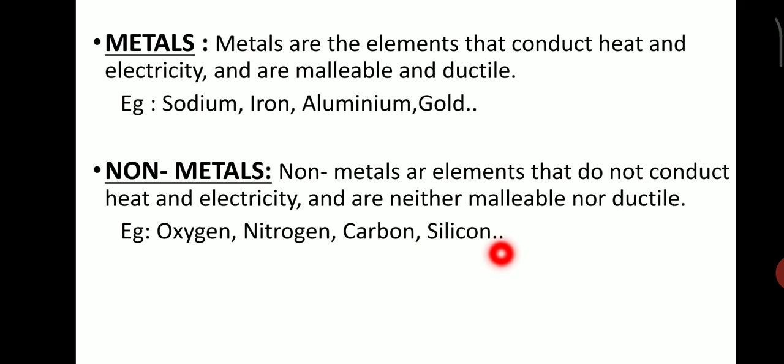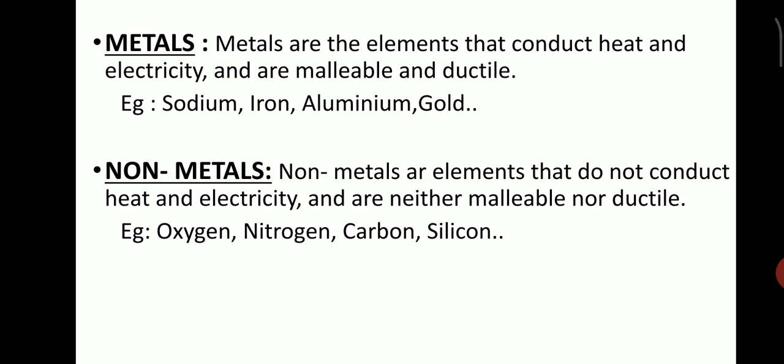Oxygen, nitrogen, carbon, etc. All of you have studied in the lower classes about metals and non-metals. The terms malleable, ductile, conductors, all these you have studied in lower classes.